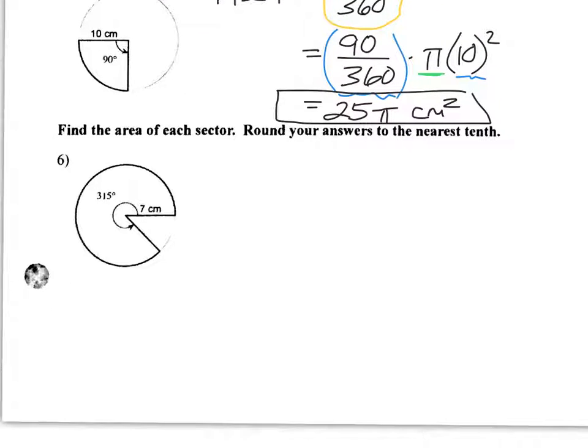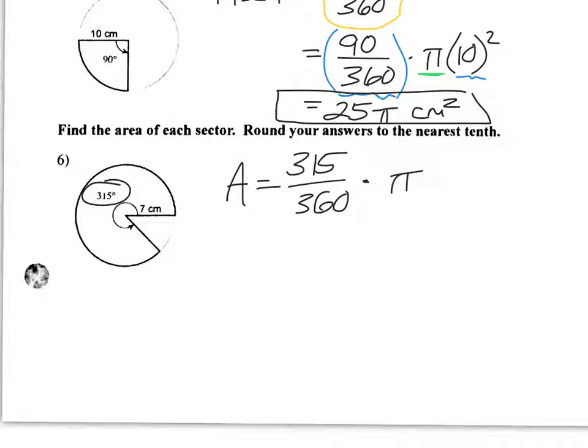Same thing, find the area of the sector, but this time it wants us to round. So again, area is angle, there's our angle, 315 over 360 times pi, r is 7 squared. So since I am rounding this time, to the nearest tenth, this time I'm going to use the pi button on the calculator. So I am going to type pi on the calculator this time.